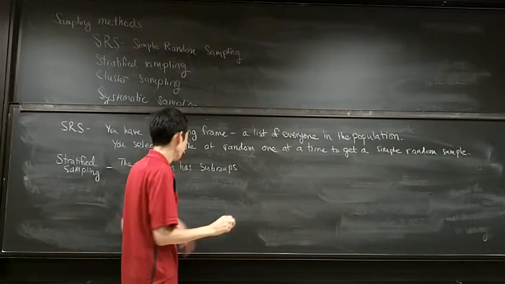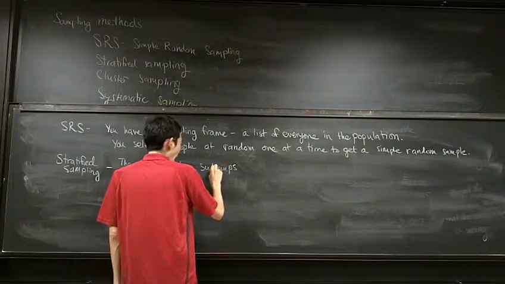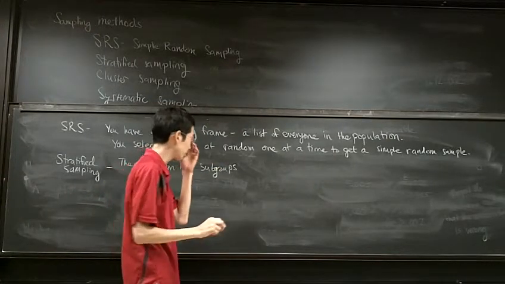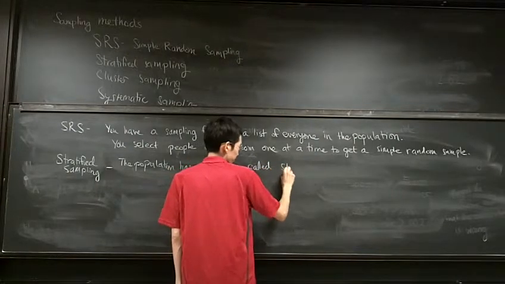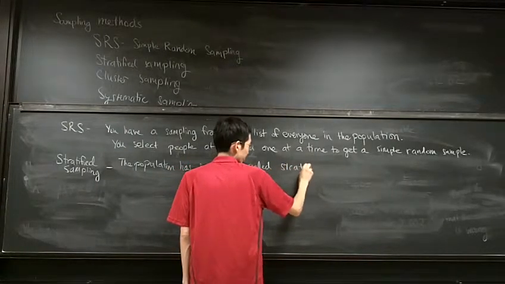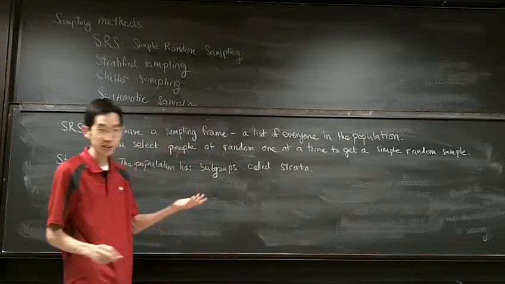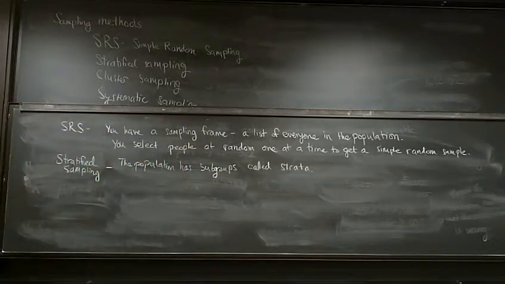Subgroups called strata, like layers. Okay, and each subgroup has some kind of common trait.